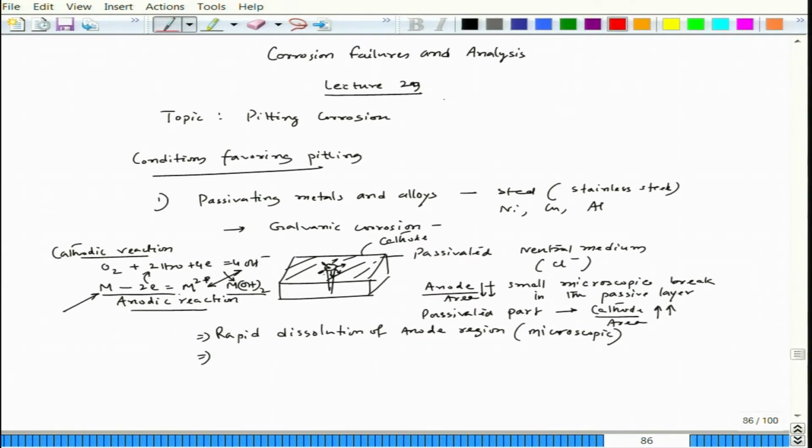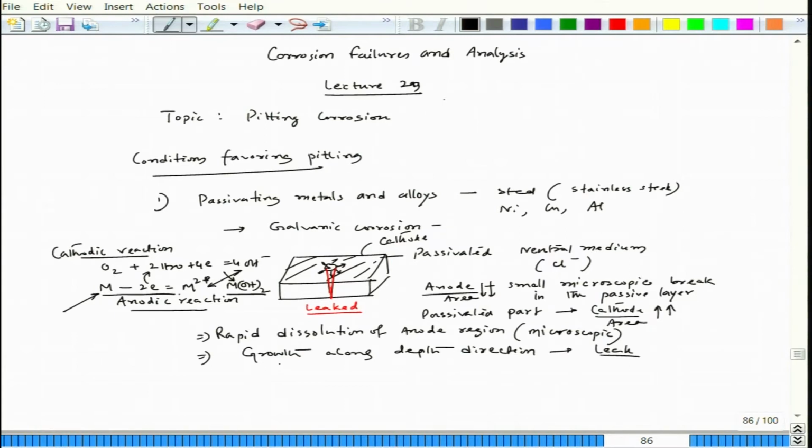This growth would happen in the depth direction, and at some point of time this will go to the end of the bottom surface, and then it becomes leaked or perforated. Fine. So, finally it is the growth along the depth direction, and the final part is leak or perforation.